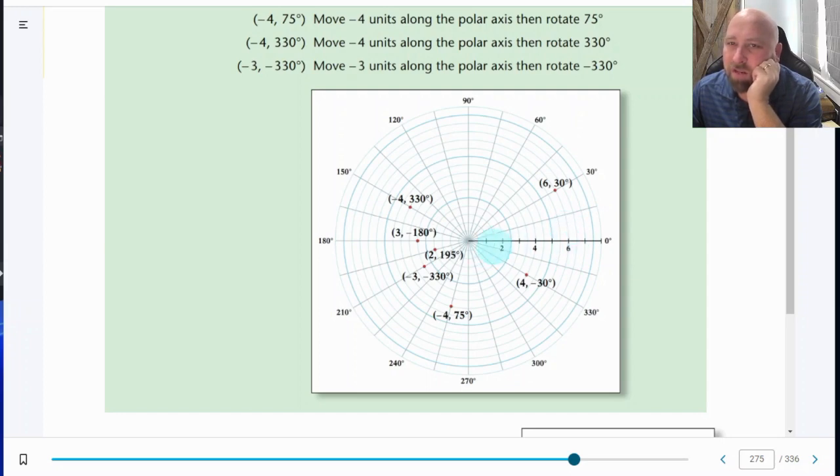And you can set them for however much you want. This one is actually set so each one would be half. So there's a 1.5, there's a 2, there's a 2.5, there's a 3, 3.5, and so on. You can set it up however you want on your graph paper, but basically you need to label it, and this one is labeled the 6. So this is the one that we're dealing with right here, the 6th ring around it.